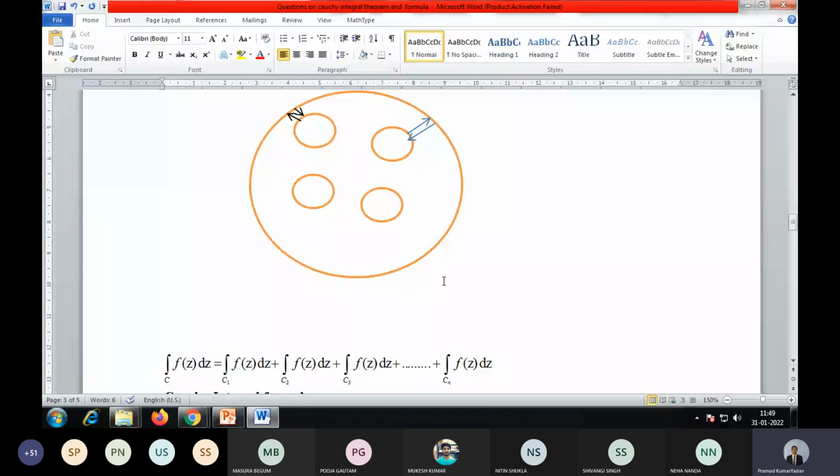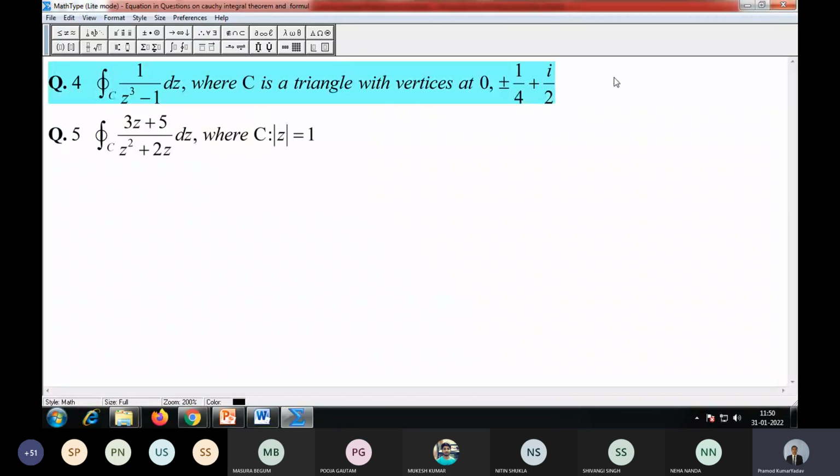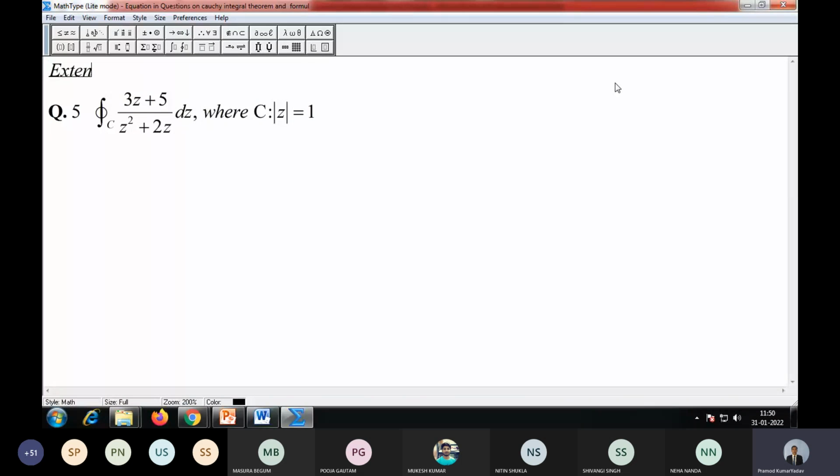Anyway, so we can write that as extension of Cauchy integral theorem for multiply connected domain.